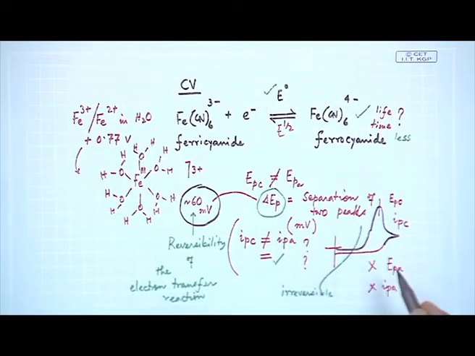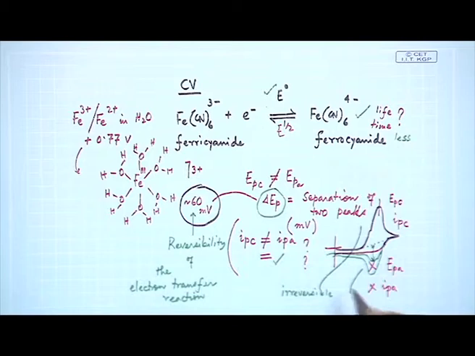Between these two extremes, in one case you have a 60 millivolt separation, in another case it is almost nil. In between, sometimes we get a very small peak over here, because the current is less, as this is the extrapolated line. Sometimes, if the lifetime is more, we get a plot like this.